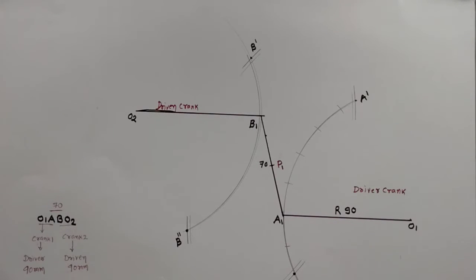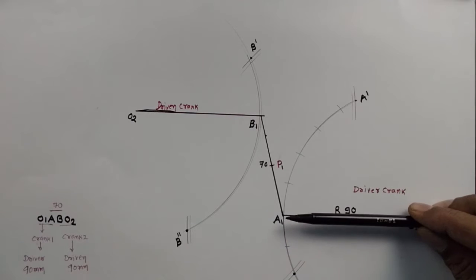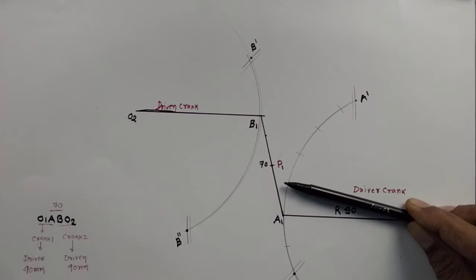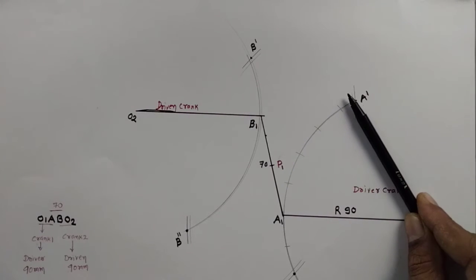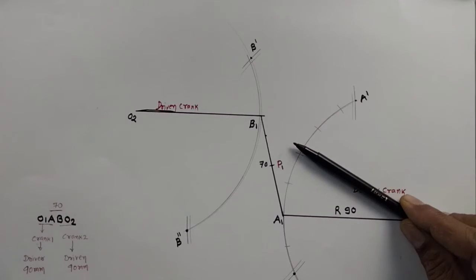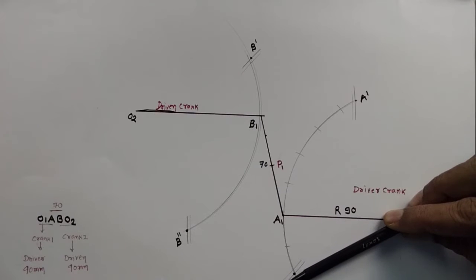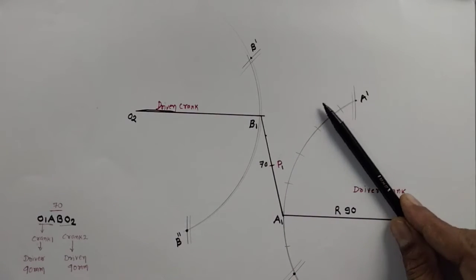Now you have to mark all the oscillating positions. Now this is my first position, A1 O1, then crank is going in upward direction. During its oscillating movement, it is moving in downward direction. Then it goes this way. So it is called the movement of your driver crank.